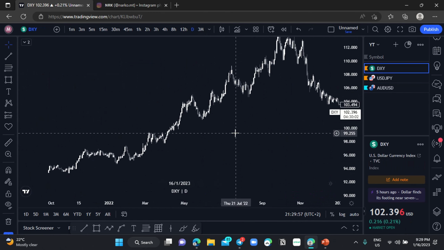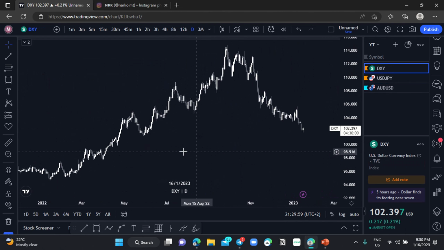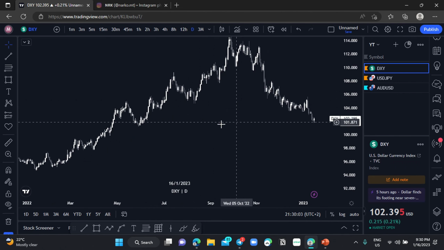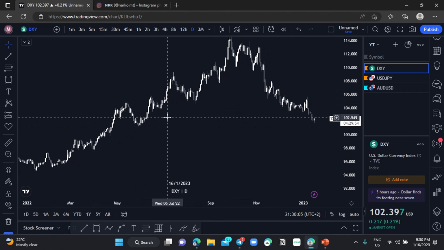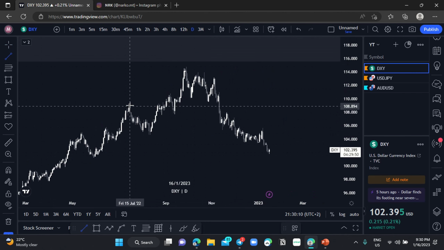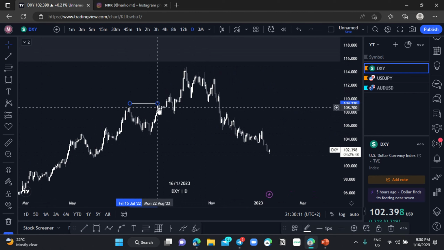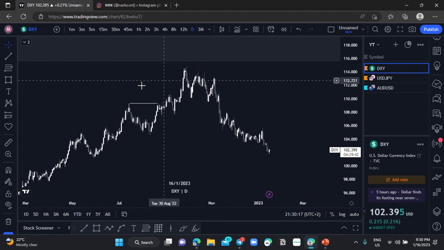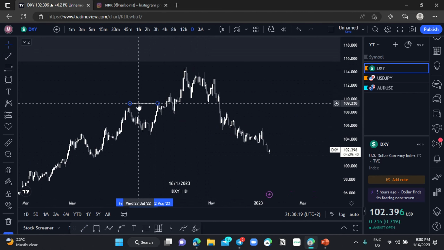So on the daily chart, we can see that price has been moving bullishly beautifully, creating higher highs and creating higher lows. Okay, so as you can see here, this is our previous higher high. It was violated, and this is our new higher high, violating the previous higher high.